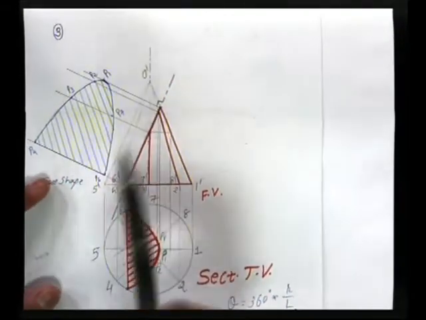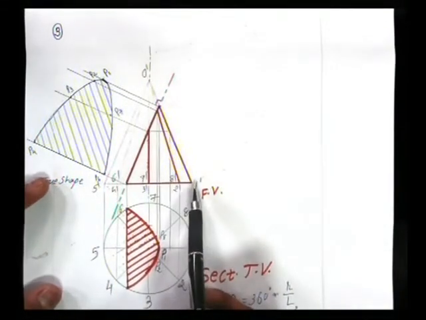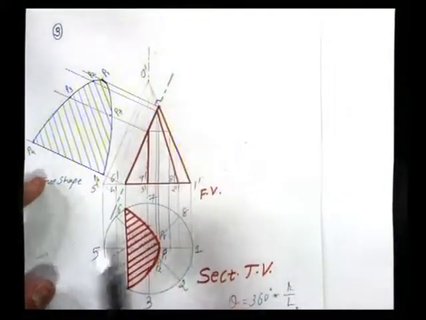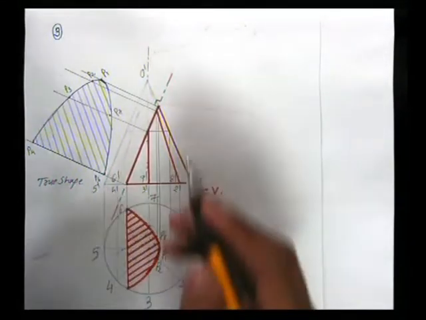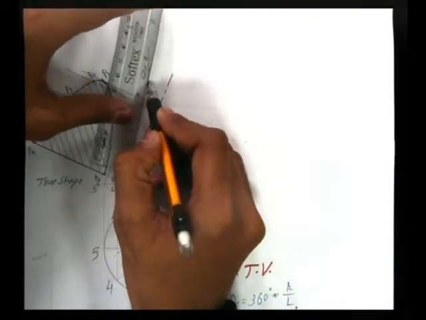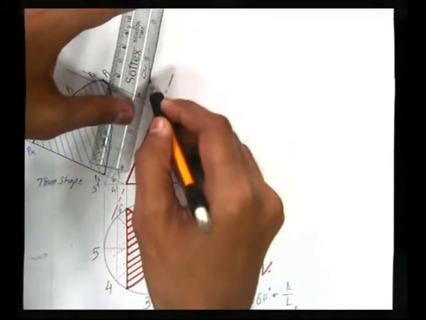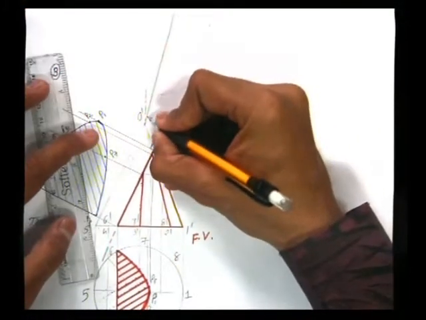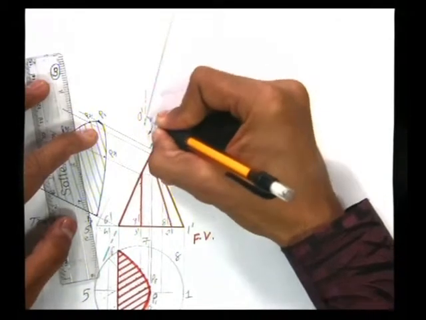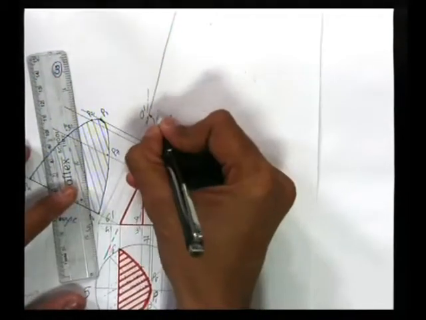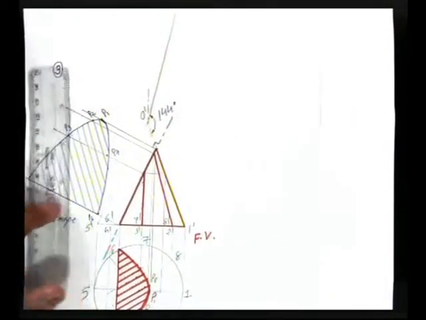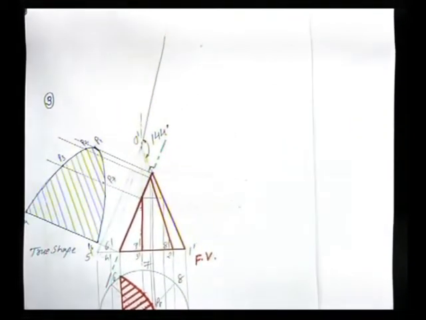After that, O dash 1 dash is the true length. So with that O dash 1 dash, draw a line which makes an angle of 144 degrees with O dash 1 dash. So that line is to be drawn like this. This included angle is 144 degrees.